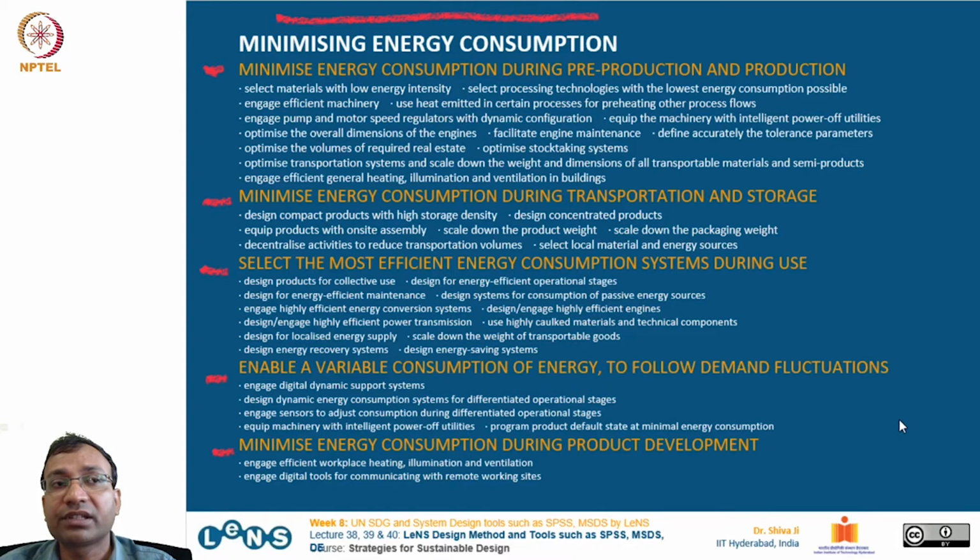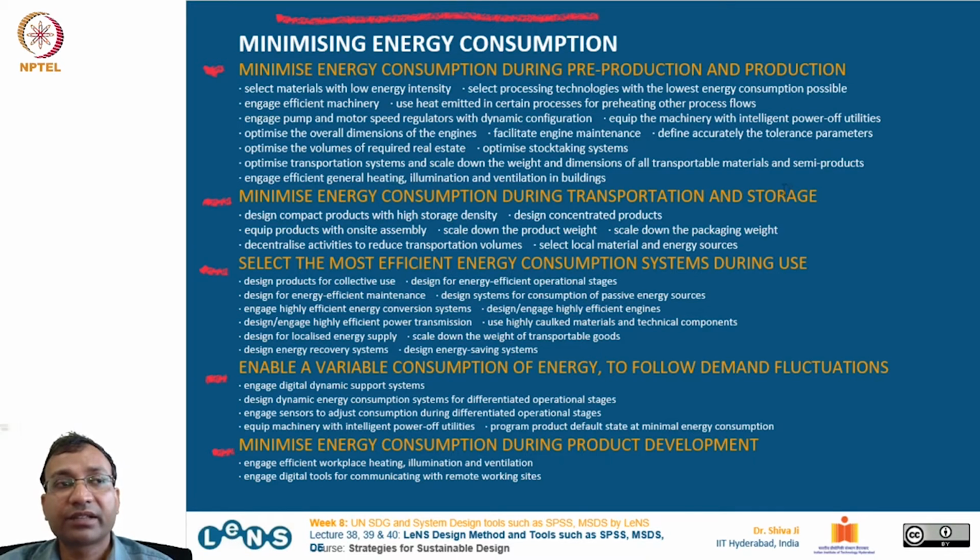Optimize transportation systems and scale down the weight and dimensions of all transportable materials and semi-products. Engage efficient general heating, illumination and ventilation in the buildings. So these are several finer strategies through which we can reduce energy consumption in the pre-production and production stages.